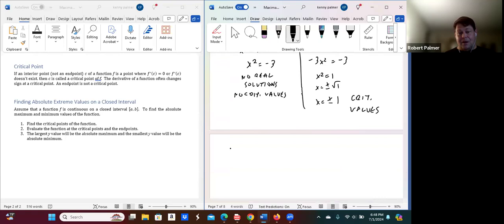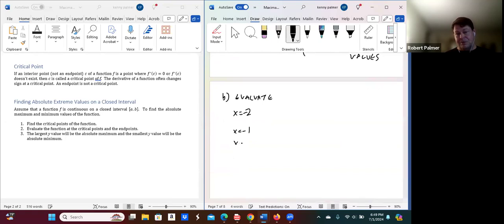So for part B is our evaluation step. Evaluate our endpoints and our critical values. So we evaluate x equals negative 2, x equals negative 1, x equals 1, and x equals 2. We have 4 to evaluate, so we plug all of these into our function.